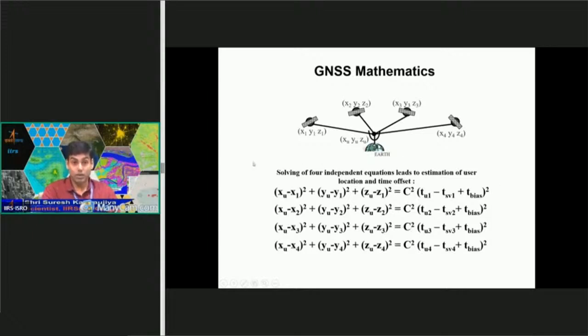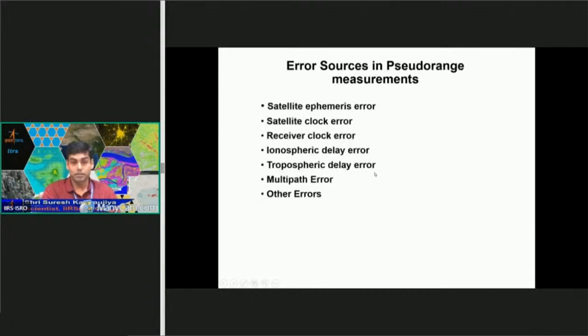We use these equations to determine these four unknowns: x1, y1, z1, and time. And c is the constant factor, and t bias is the delay due to the different errors.